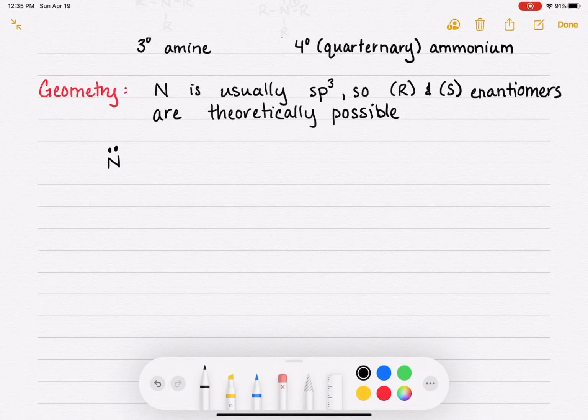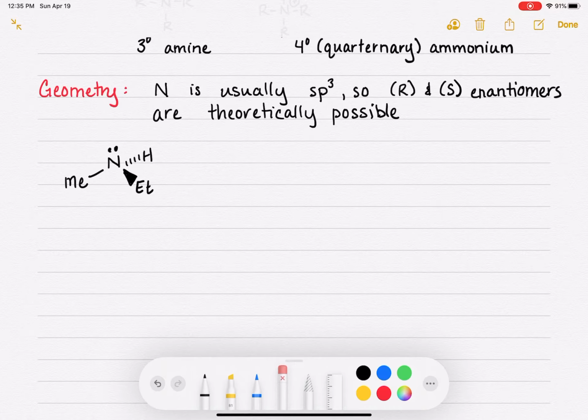So here would be, I'm going to try to draw this 3-dimensionally, a nitrogen that has 3 different substituents on it and that lone pair. And so if we knew how to rank the lone pair compared to the hydrogen, the ethyl, and the methyl, we could definitely come up with an R or S ranking for this particular compound. And there is, in fact, a way to rank lone pairs compared to atoms.